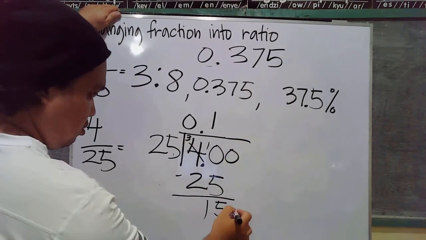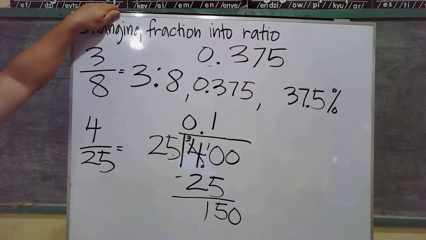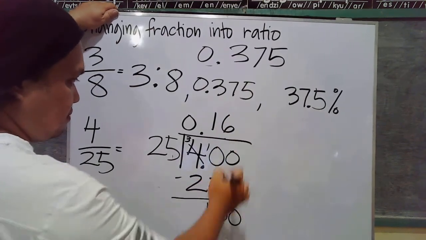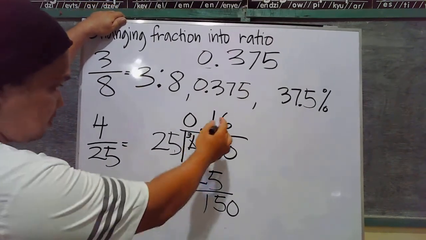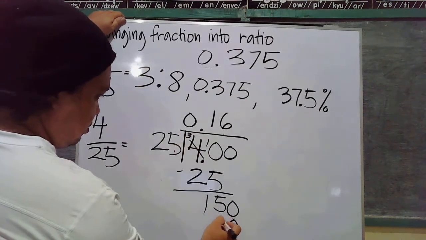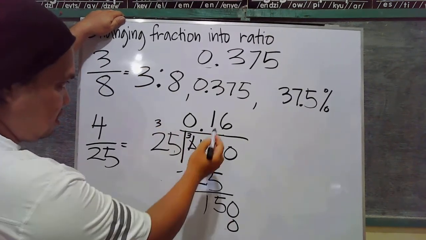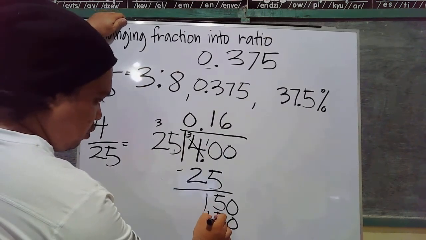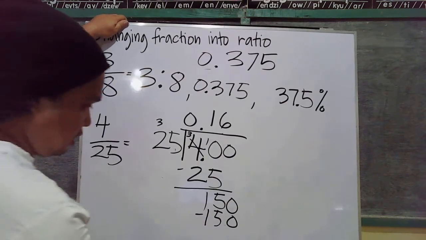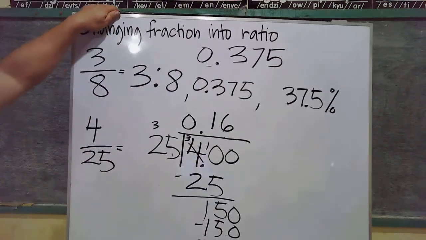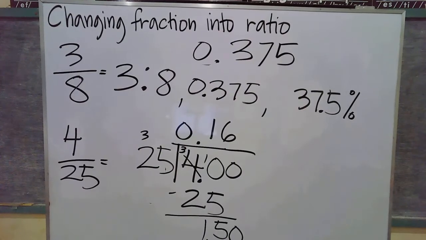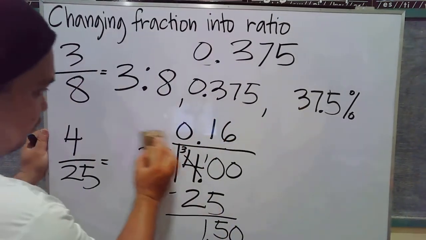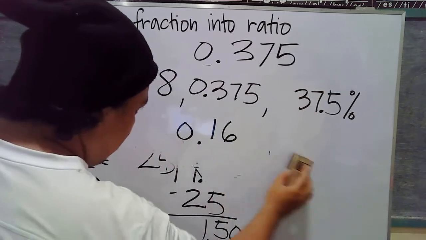Now 150 divided by 25 is, let's try 6. Now 6 times 5 is 30. 0 carry 3. Now 6 times 2 is 12. 12 plus 3 is 15. So 150 minus 150 is 0. So we have 0.16. Okay, so 0.16 for our decimal number.